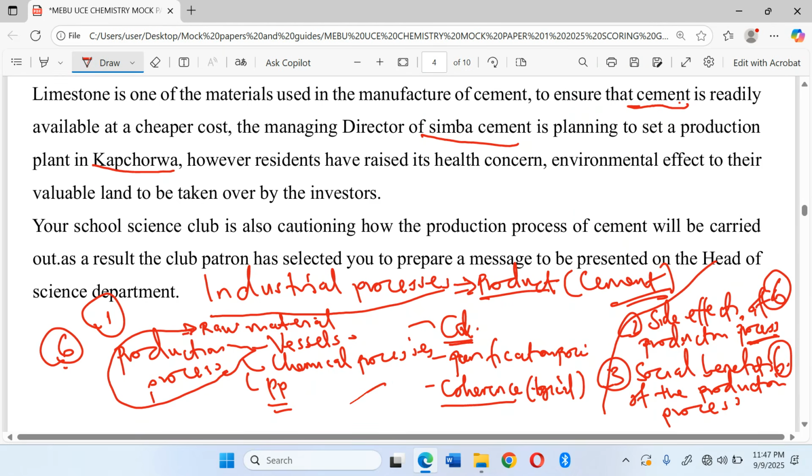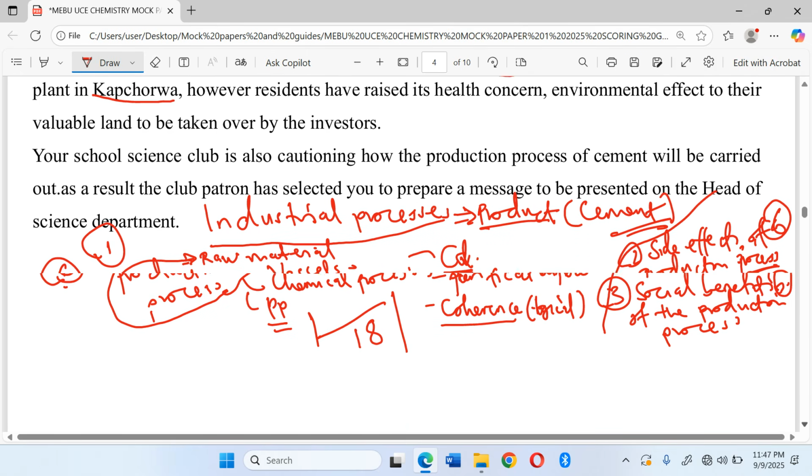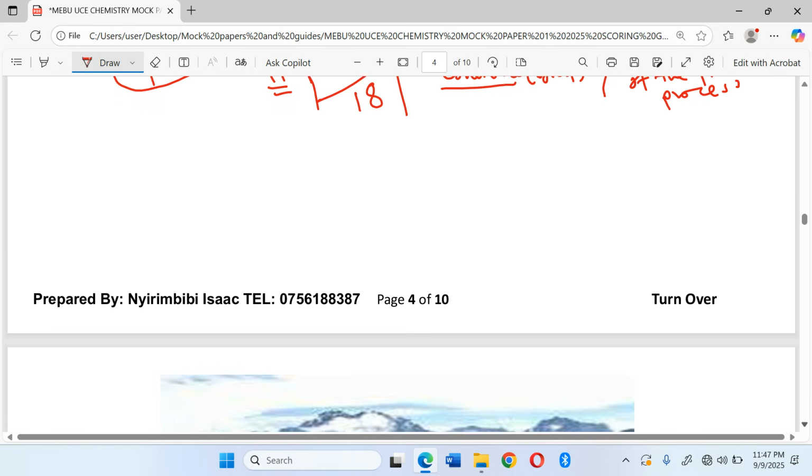You can see the whole of this item is giving you 18 scores. So we want to see how we get all the 18 scores, especially for this item that came in the UNEB examination. So let's see this.